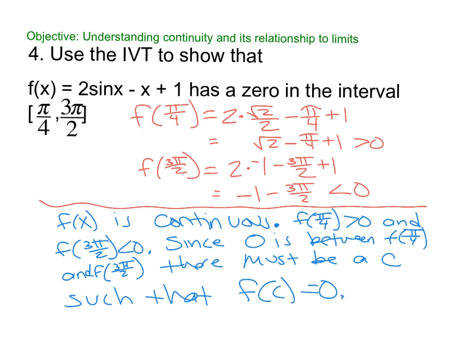Right. So I'm saying the y value is between my two other y values, so there must be an x where f of x is 0. If you want to use it, you don't have to, that symbol means such that. It's just a common phrase used in math.